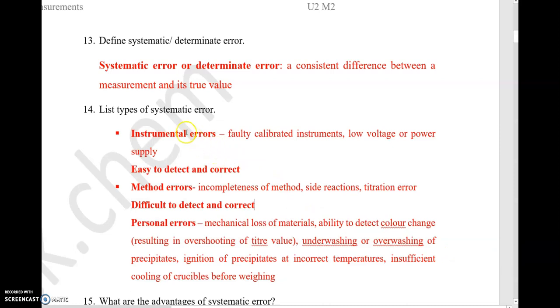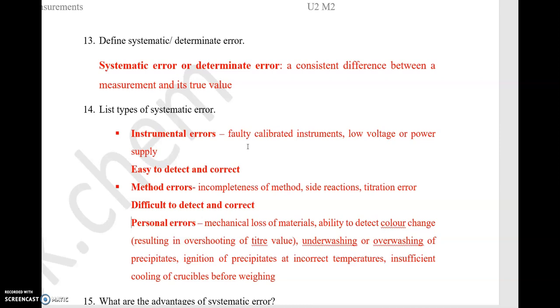Systematic error may be instrumental, method, or a form of personal error, where instrument error is inclusive of an electronic instrument which may be calibrated incorrectly. Let's say it's your electronic balance, your pH meter, your UV-vis spectrophotometer.